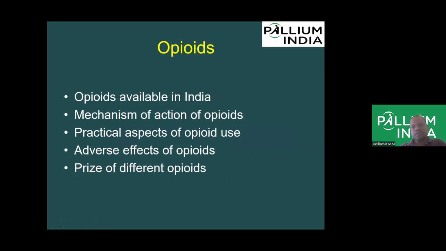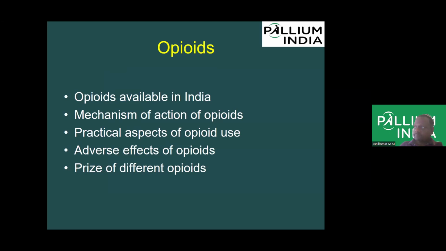We'll be discussing what opioids are available in India, because we know that there are many opioids available in the country, but which of them can we actually use, and how the opioids act in our body. Then most importantly, when we practice, we will have a lot of doubts, so we'll be talking about that.